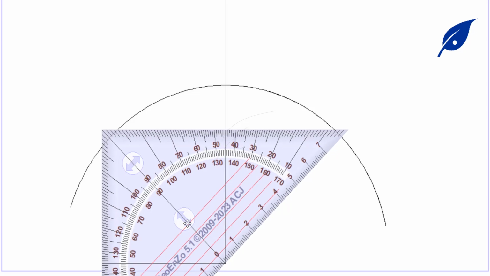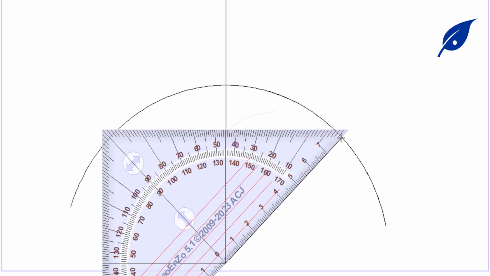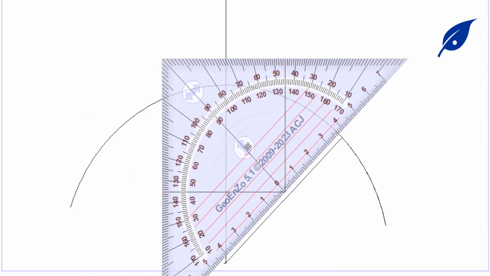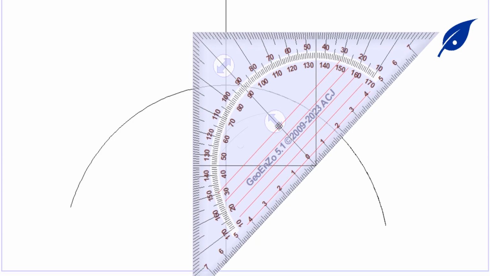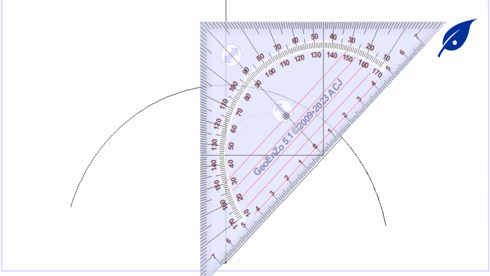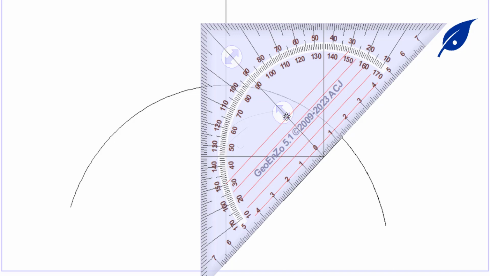Construct 45 degrees to the right, and then also to the left with reference to the center. So the 45 plus 45 gives us the 90 degrees angle of the rolling circle. At this point you extend the line outward, since we are going to draw our rolling circle outside of this base circle.